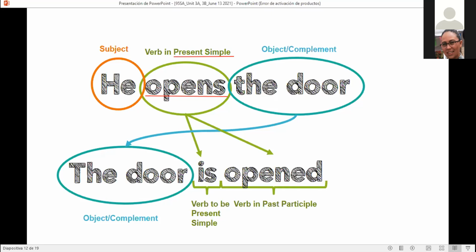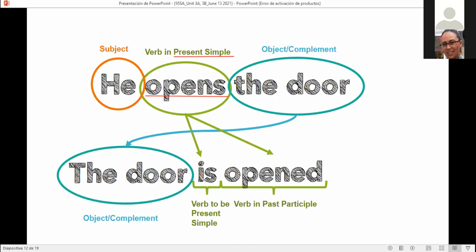Por eso tenemos is en este caso y luego el mismo verbo que teníamos en la voz activa nos va a servir para cambiarle al pasado participio, es decir, que nos sirve para dos cosas, ¿no? Nos sirve para conjugar el verbo to be y ese mismo verbo van a tener que ustedes cambiarle al pasado participio. Entonces, aquí teníamos the door is opened y nos hace falta algo más.